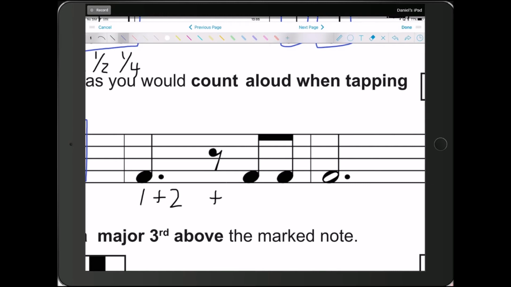If we were going to draw a box here, it would look like this, and then this would look like this. Now all you have to do is imagine that there was another 8th rest or 8th note here, and it decided to leave its partner and go over with the other one. So this 8th note decided to leave, and that's what the dot represents. It took off because the 2 would have been here.